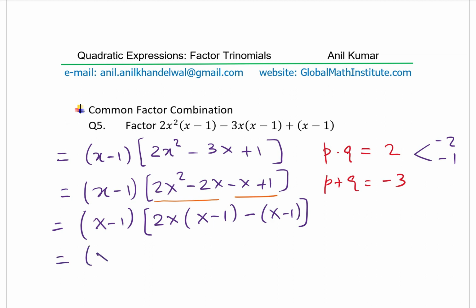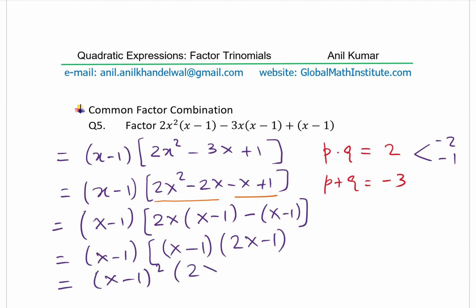So you get x minus 1 as a common factor. Let me write down x minus 1 first, which is a common factor. That is a good practice. So we factored out x minus 1, we are left with 2x minus 1. And when you open this, we have two terms with x minus 1. So we could write this as x minus 1 whole square times 2x minus 1. Perfect. So that is our result.